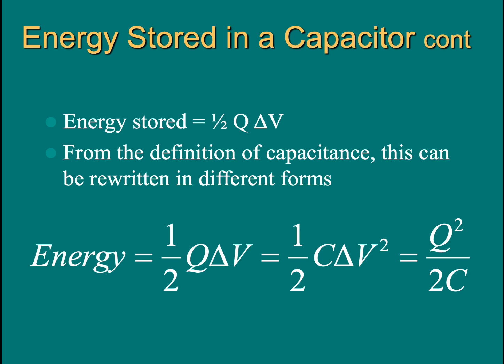So we only need to know two of those three quantities to calculate the energy of the capacitor. In the problem, it depends on which two quantities are given. You then use those two given quantities to calculate the energy of the capacitor carrying charge Q with potential difference delta V.